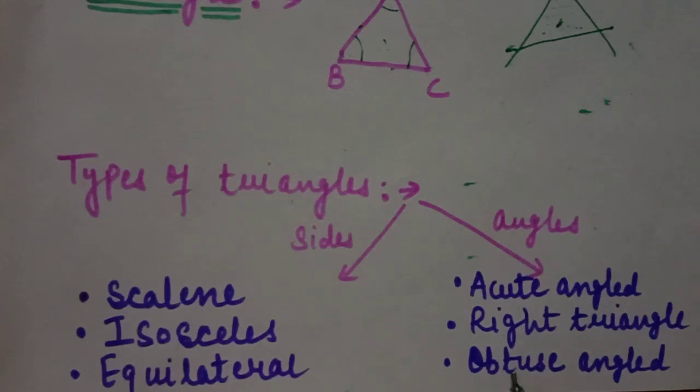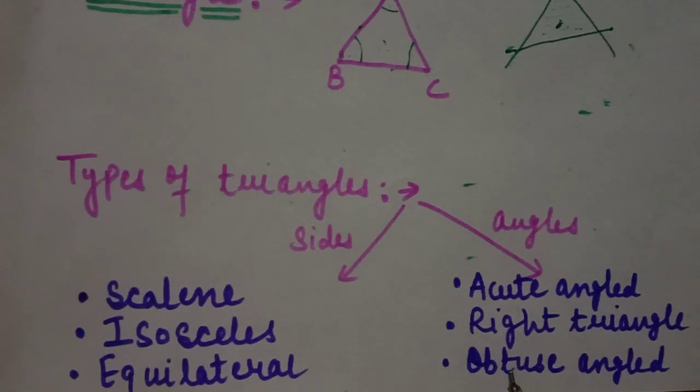Is it possible to have more than one obtuse angle in a triangle? If we take two obtuse angles, is it possible to make such a triangle? Try once. It is not possible. In a triangle only one obtuse angle is possible. So we call it an obtuse angled triangle.